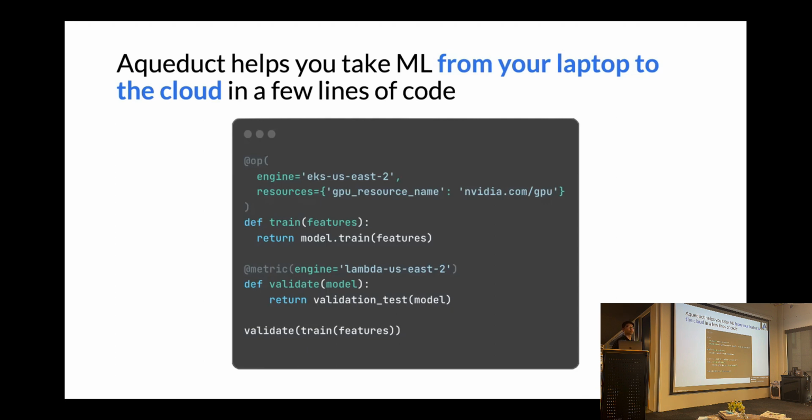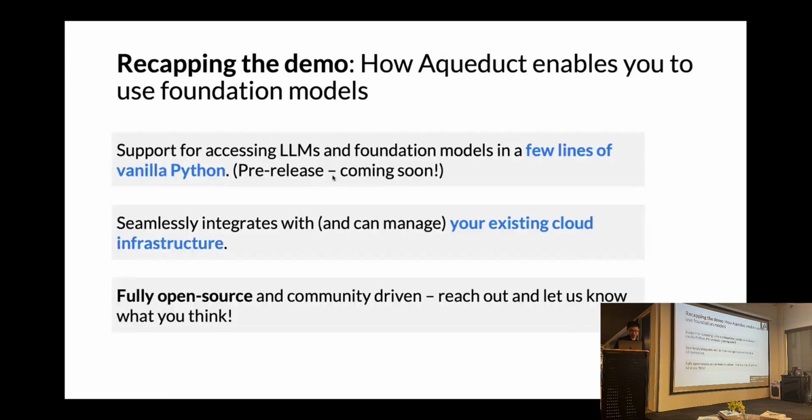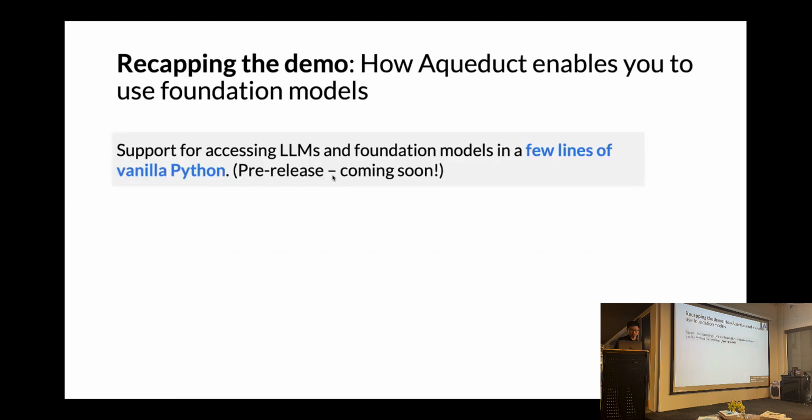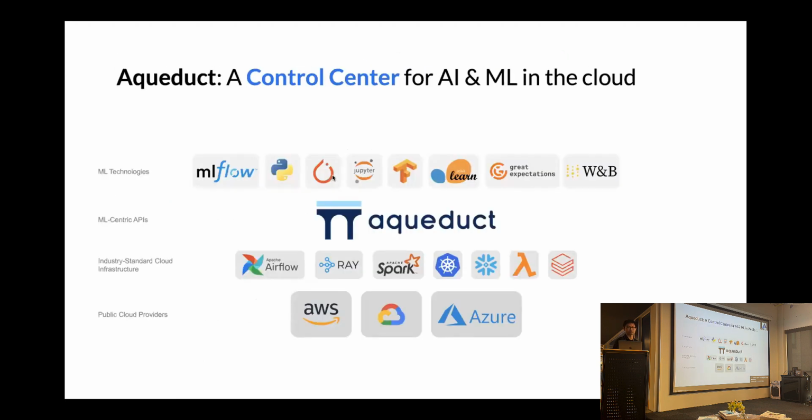Yep. So the question is, what's the real capability of Aqueduct? Is it limited to training, inference, and whatnot? I think the answer is basically this architecture here. The main goal of Aqueduct is to integrate with your existing cloud infrastructure. In the example I gave, your underlying cloud infrastructure already uses Spark for batch processing, Ray for distributed training, and maybe MLflow for experiment tracking.